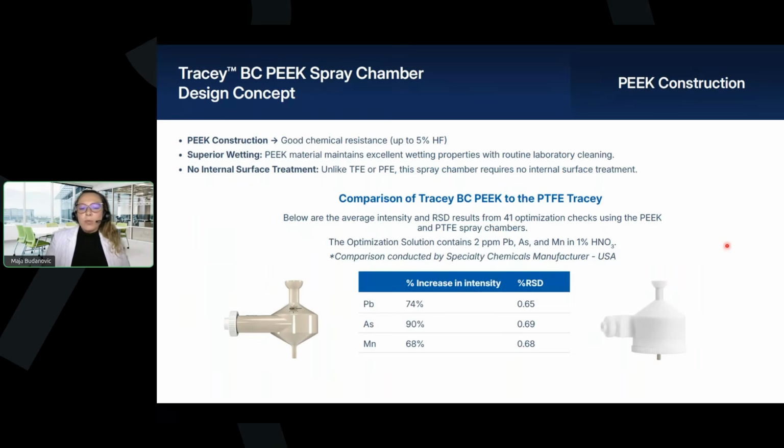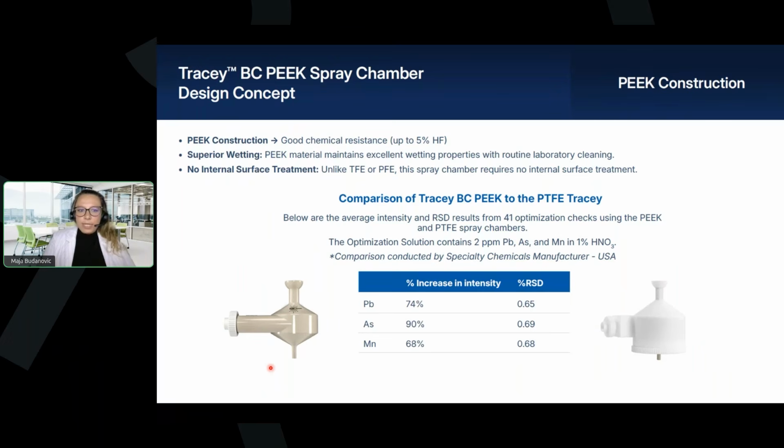Now, when you need to use HF in your sample preparation or analysis, you would need an inert spray chamber. Previously, that was a 50 ml PTFE Tracy spray chamber. However, now the latest design, the Tracy BC PEAK spray chamber, is a 30 ml high efficiency spray chamber. As mentioned before, the smaller volume design allows for reduced residence time and more efficient aerosol transport to the plasma.